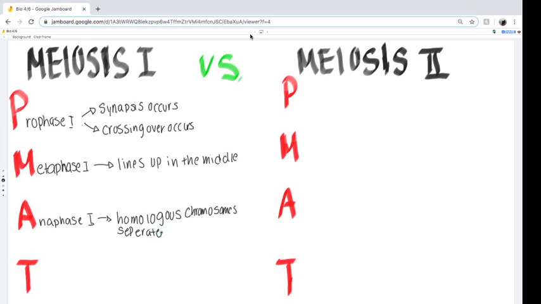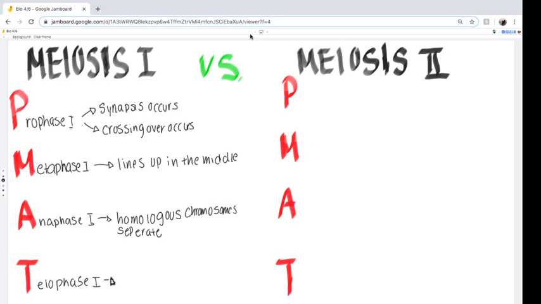Now, the final stage of meiosis 1 is telophase. In here, the cells would now have 23 chromosomes, but still 46 chromatids. This is why we need to go through this process of meiosis again, because we need 23 chromatids for each.